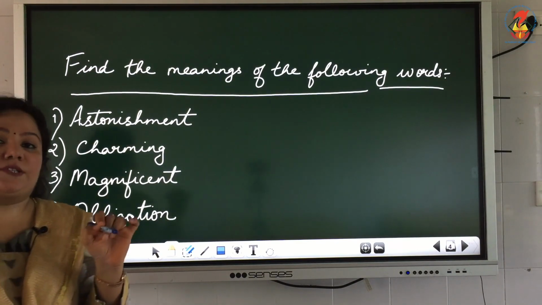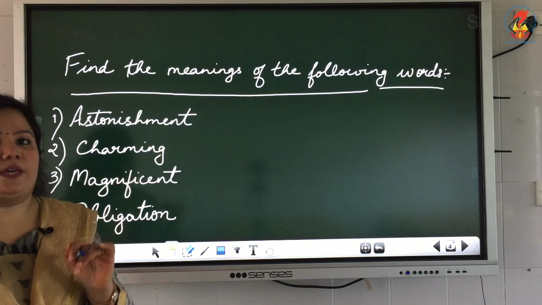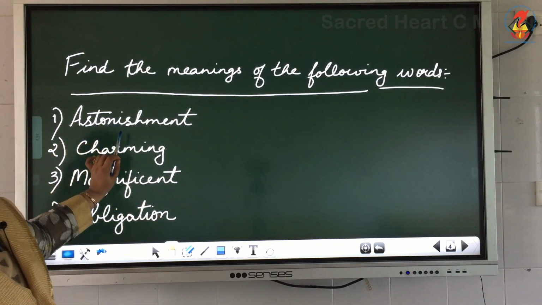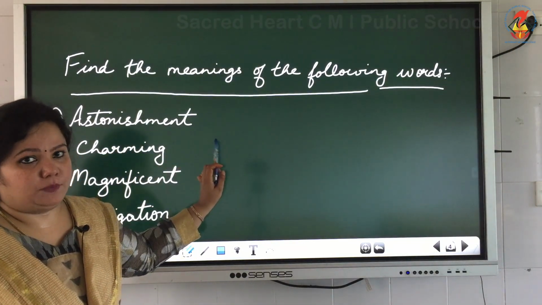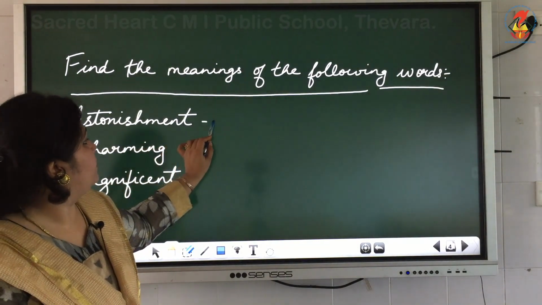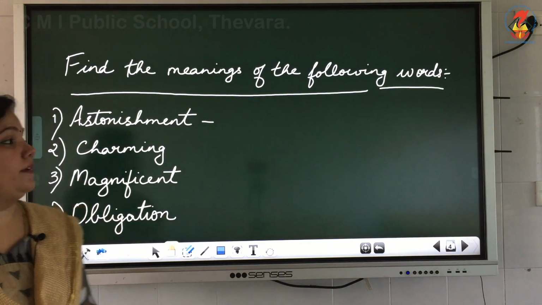Any extra information which is given in the dictionary about the word, you can find out. At least the meanings I want you to find out. The first word given here is astonishment. Astonishment. Okay, so you find out the meaning of this word from the dictionary, and the second word is charming.